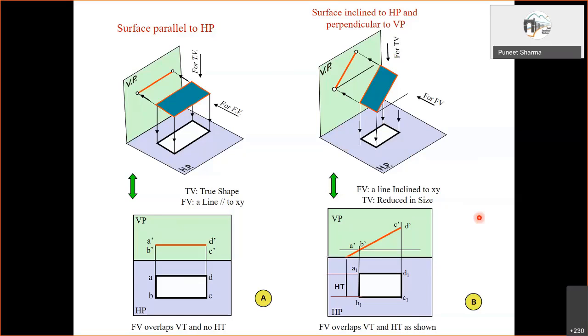So now let us consider a case where we have been given the position of the object like this. Whatever is depicted here is a rectangle. So if it is a rectangle, then of course you will be able to draw it in this position directly.